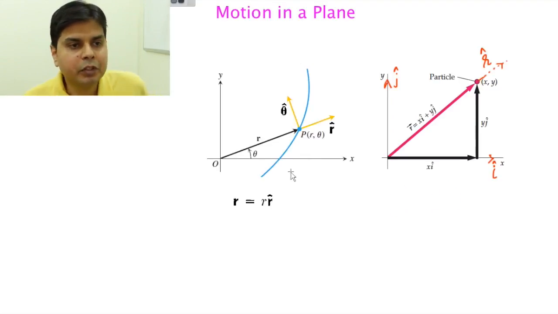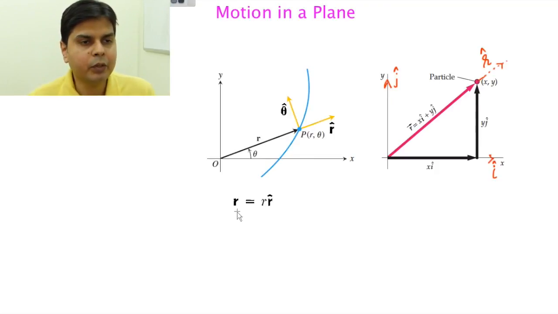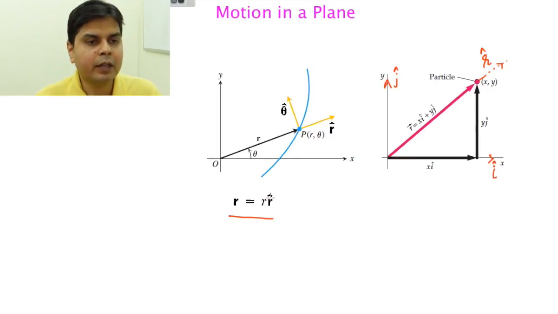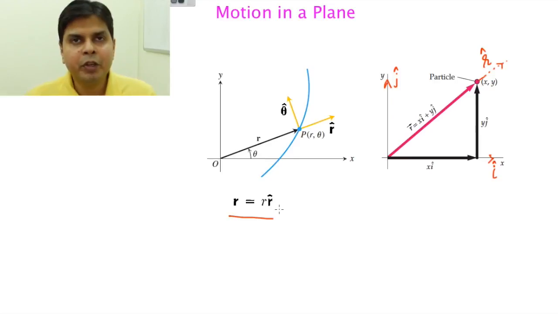Now in this notation there are 5 points you have to take care of. First of all, you will say okay, you have described the position of your particle using r is equal to r into r cap. Then you may wonder that since we are describing motion of a particle in 2 dimensions, and you have been told earlier that when you are describing position in 2 dimensions, you need 2 unit vectors, x hat and y hat, or i and j.